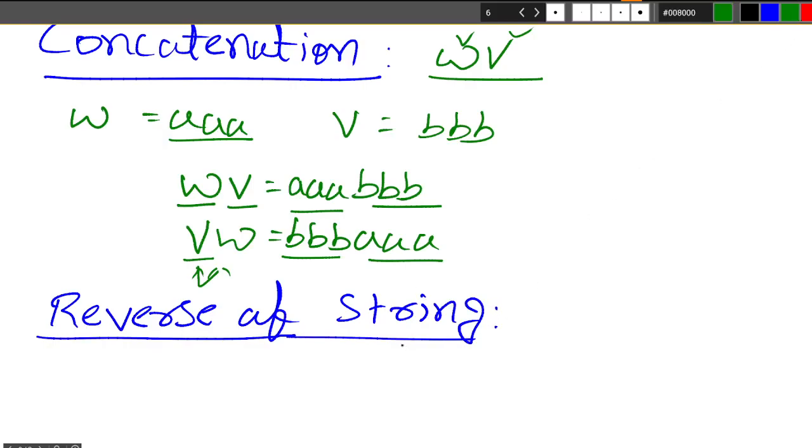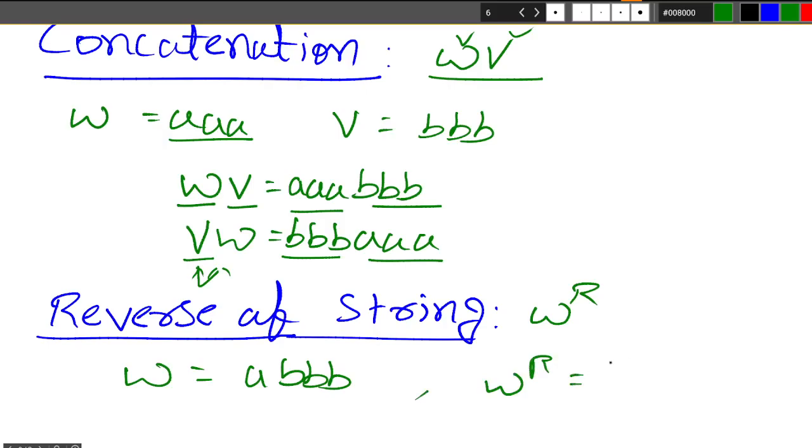Reverse of a string means, suppose your string was W, then you can represent it like this, W R. Suppose W was A, B, then W R will be, can somebody tell me? B A. In the reverse order, right? So B and A. Very simple.